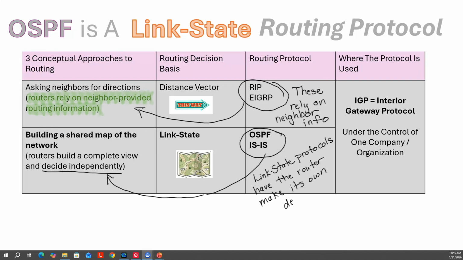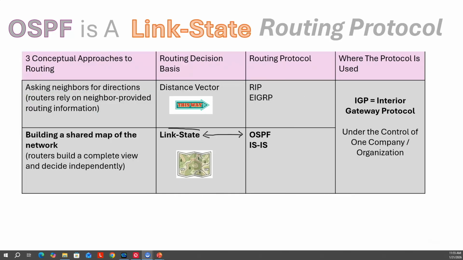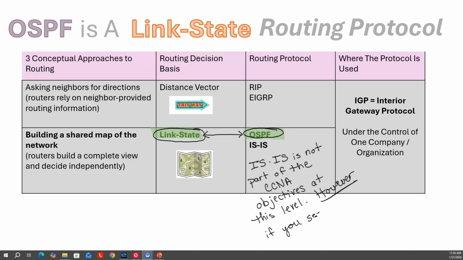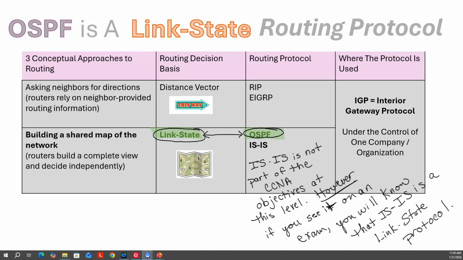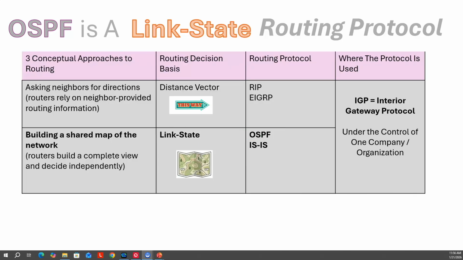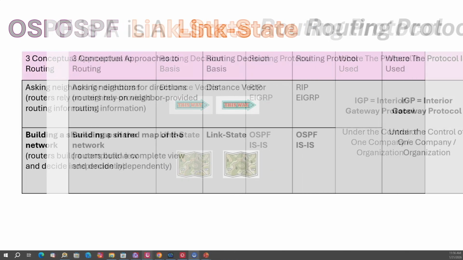Which routing protocol does not rely on neighbors' routing tables to make routing decisions? Or this very straightforward question: which routing protocol uses a link state approach rather than a distance vector approach to routing? In all of these cases, the answer is OSPF.